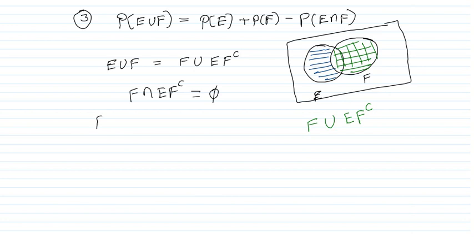Now you can use our third axiom of probability. So this probability is the same as P of F union with E intersection with F complement.